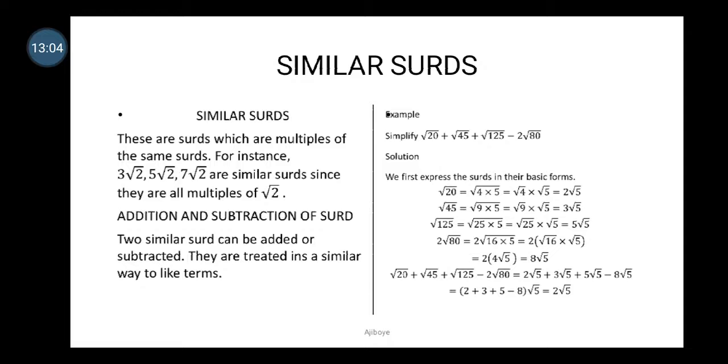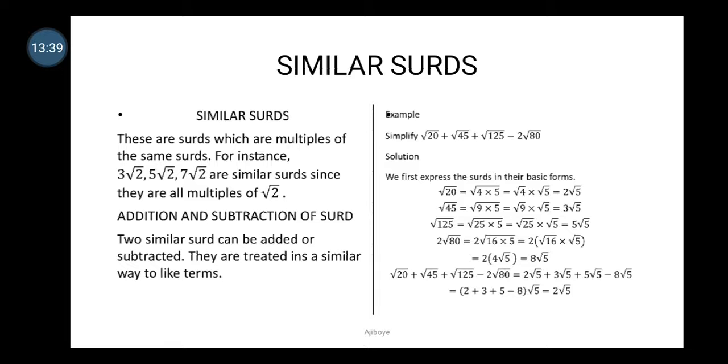I'll do the same thing for root 45, which will give me 3 root 5, and for root 125, which will give me 5 root 5. For 2 root 80, 80 is 16 times 5. Why am I saying 16 times 5? That's not the only way I can get 80, but I know that 16 is a perfect square of 4.